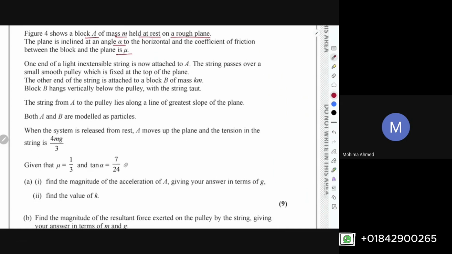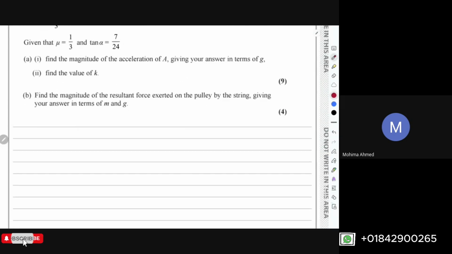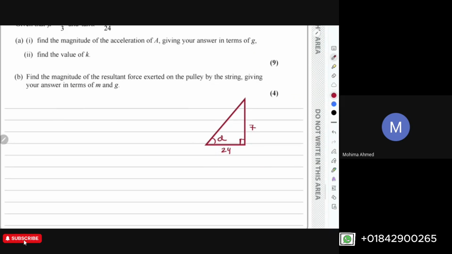So first thing is that tan alpha is given as 7 by 24. If tan alpha is 7 over 24, I will always draw the diagram for this triangle. If this is alpha, this is 7, this is 24. The hypotenuse you have to calculate, right? The square root of 24 squared plus 7 squared, that's 25.